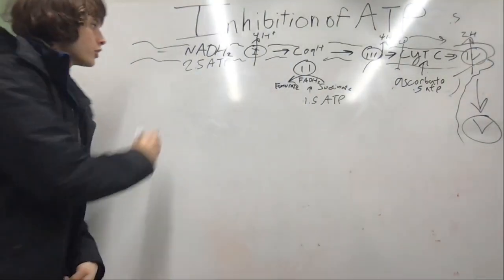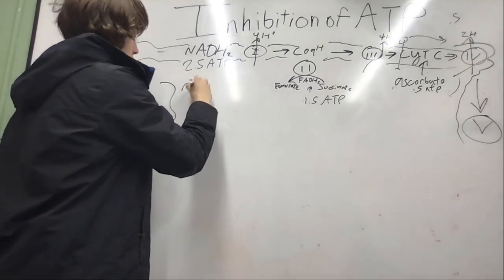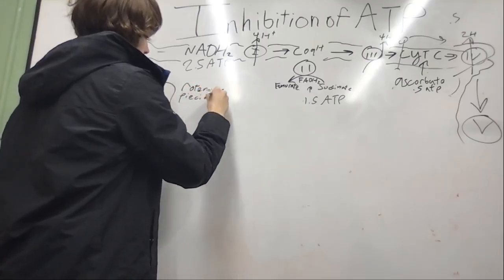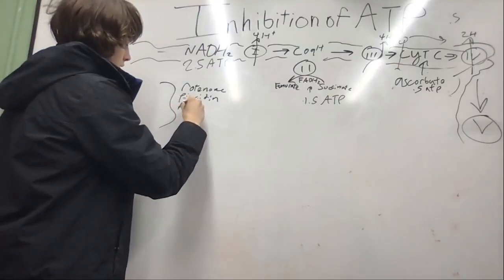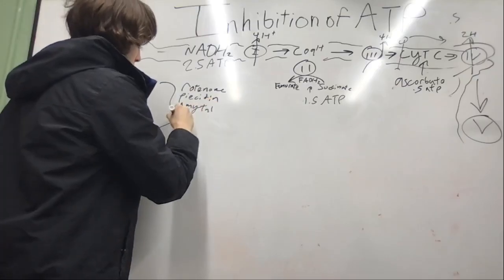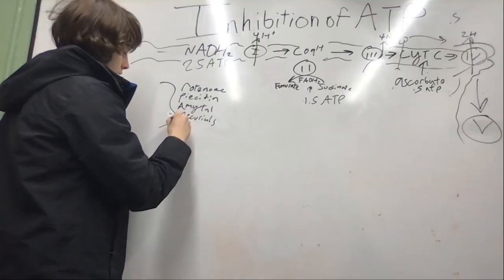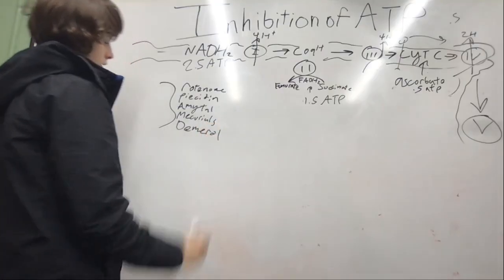So the first type of inhibitors are complex 1 inhibitors. Okay, and that is your rotenone, pyridine, amytal, mercurials, and dimerol.